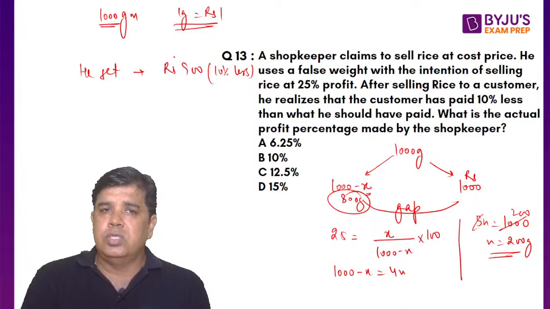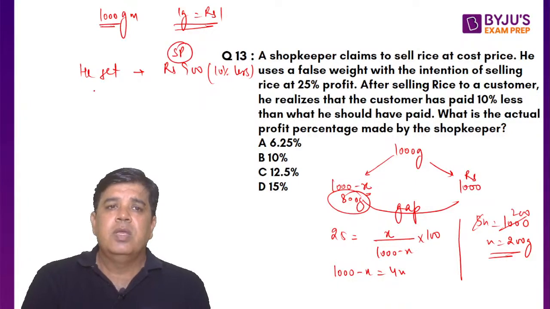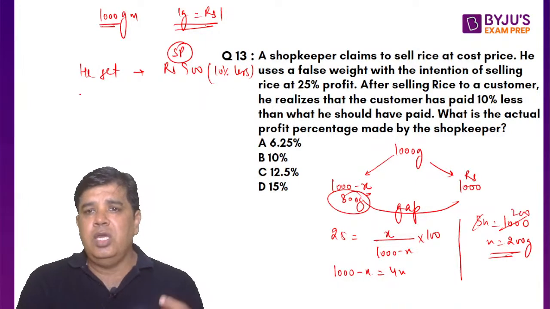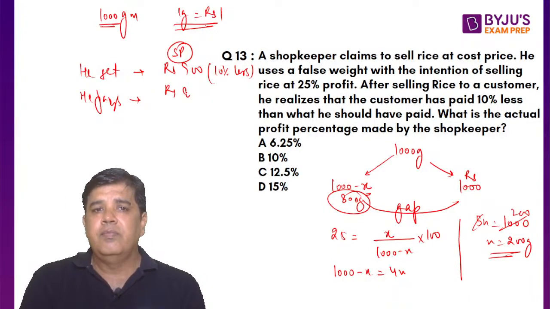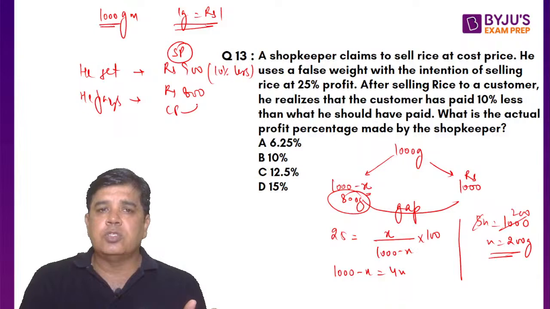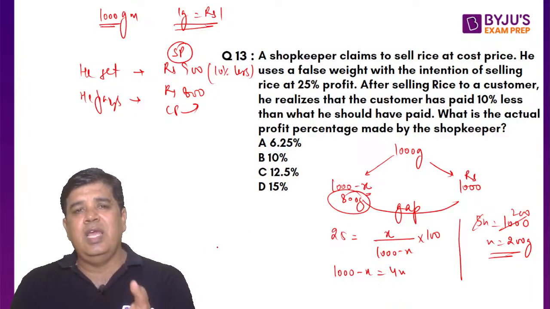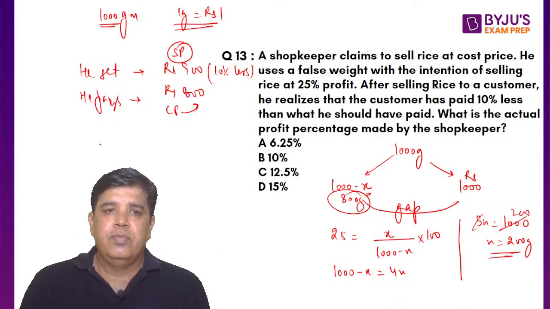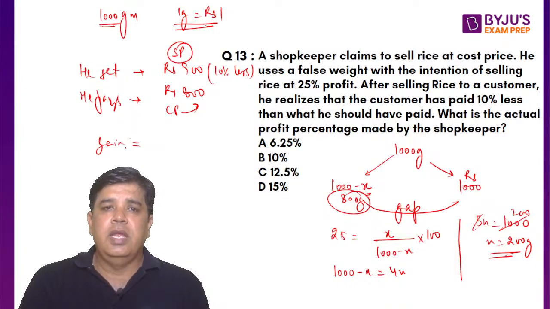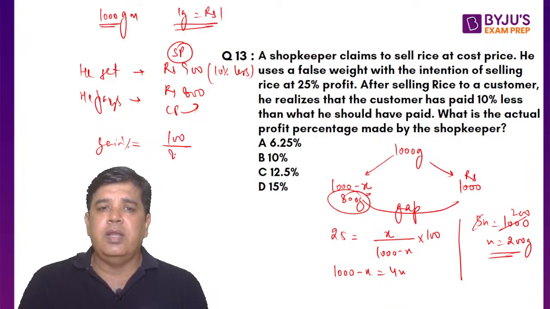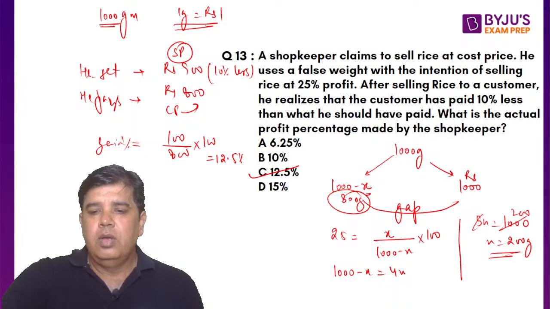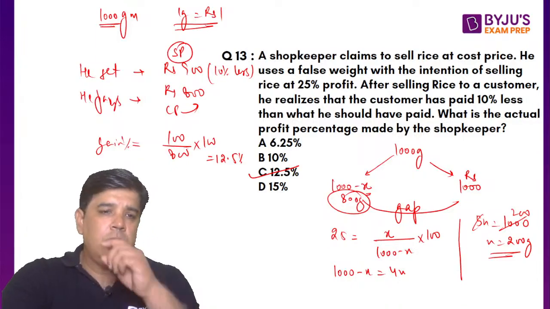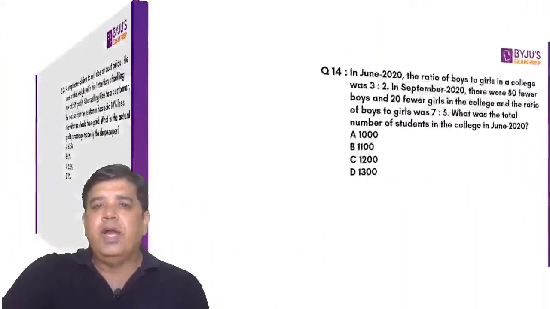This is the selling price, and how much he pays for that? He pays rupees 800 from his pocket. So this is cost price, right? So there is a gain of 100 only on 800. What is gain percent? 100 is gain on 800, that is 12.5%. C part, right? On a whole, he gets only 12.5% as the gain.